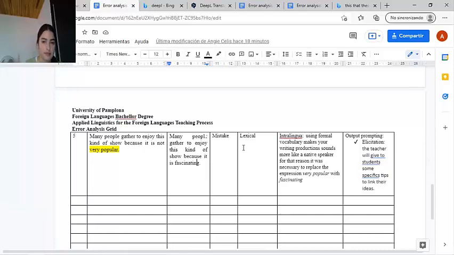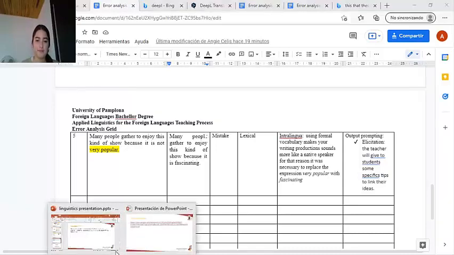So as I said before, this is a lexical mistake. The source of this mistake is interlingual, because it's an issue within the foreign language, and a possible solution for this mistake is elicitation, because the teacher will give the students some specific steps to link their ideas. And that's it.